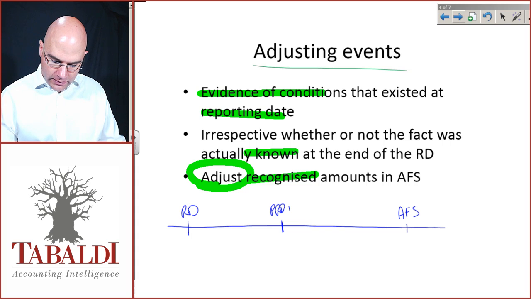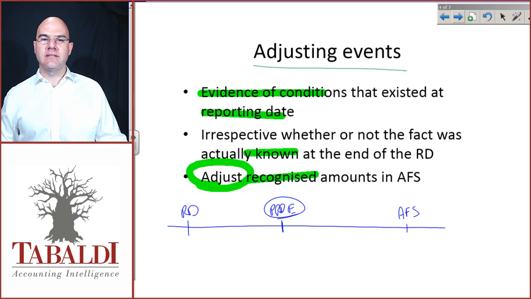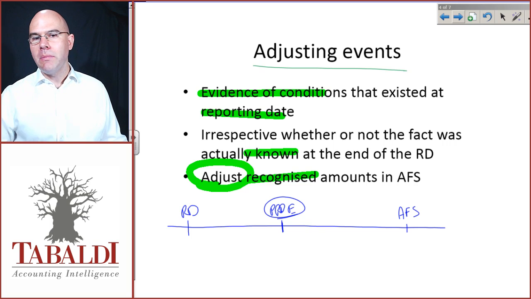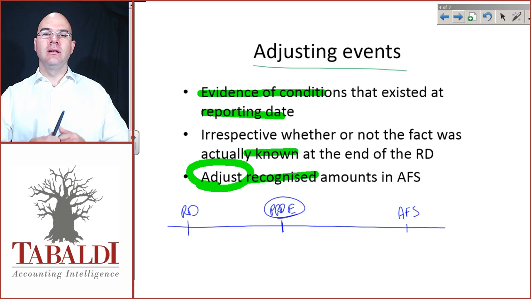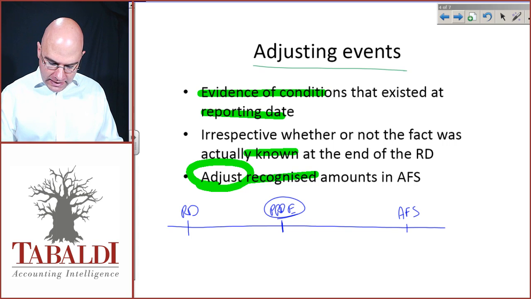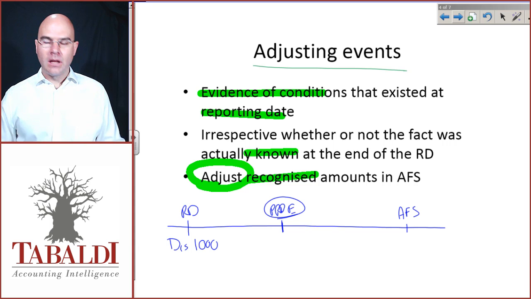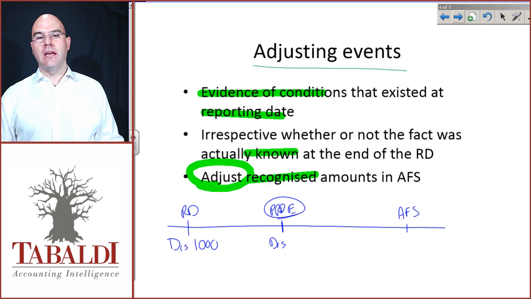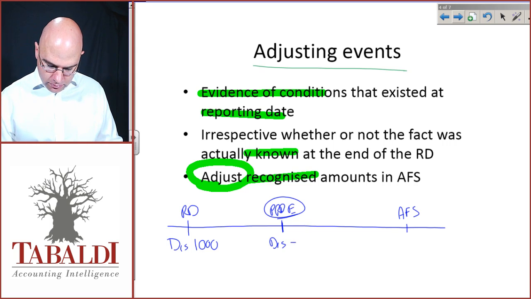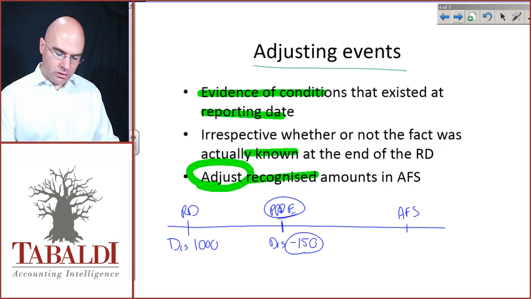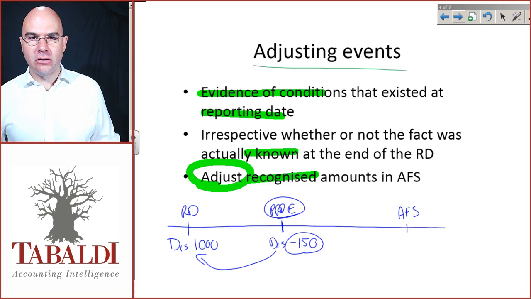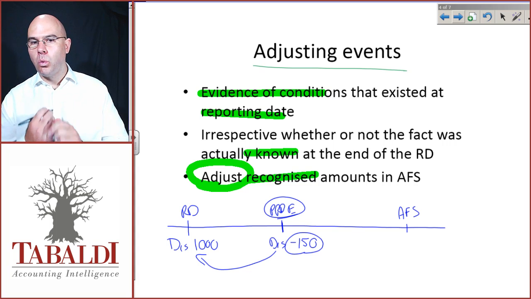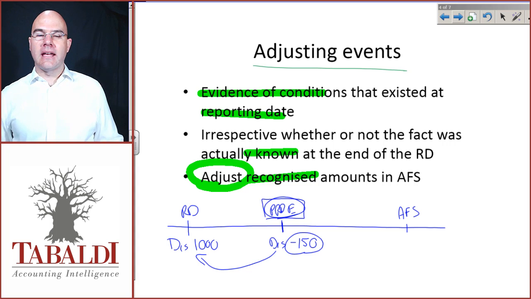Okay, so a good example would be you have your reporting date, you have the date the annual financial statements are authorized, but then you have a post-reporting date event. Let's say, for instance, that you find out that one of your major clients, one of your customers, has gone insolvent, okay? And you had a debtors balance at year end of, let's say, $1 million. But then you find out that you're going to have to write down 150. The question is, will you have to adjust, or will this be a non-adjusting event? Well, let's find out why the debtor went insolvent.